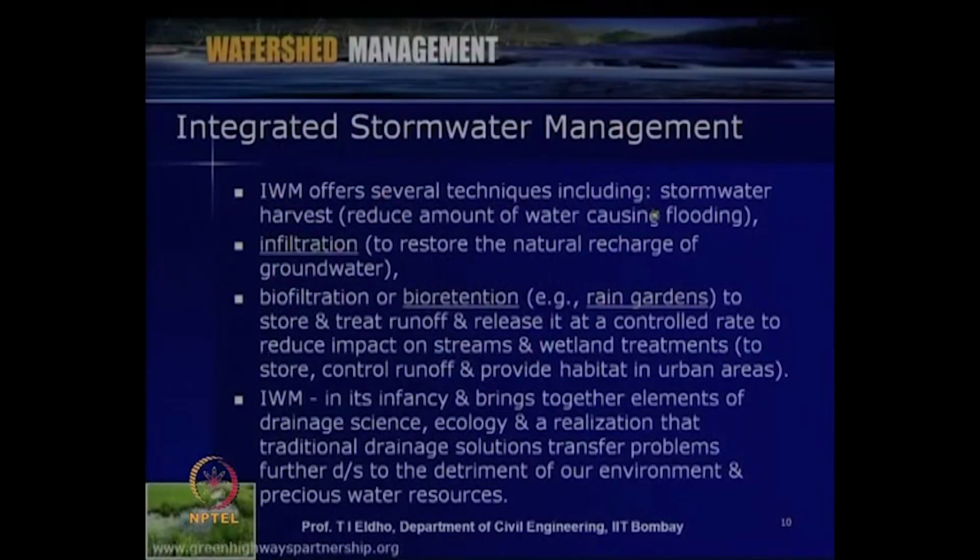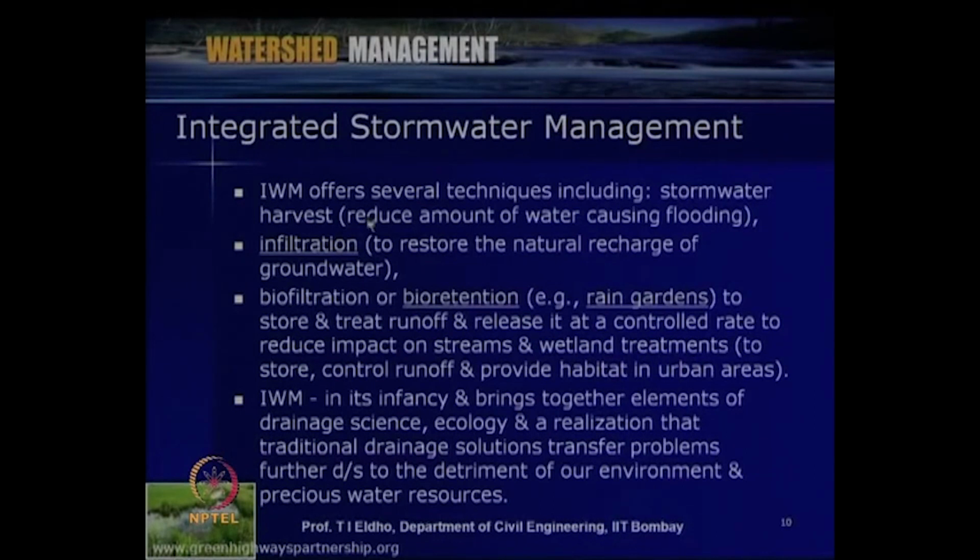Further, IWM offers several techniques like stormwater harvesting, as we discussed, that reduces the amount of water causing flooding. Then infiltration, which means restoring the natural recharge of groundwater, and then biofiltration or bioretention, which means things like rain gardens, to store and treat runoff and release it at a controlled rate to reduce impact on streams and wetlands.